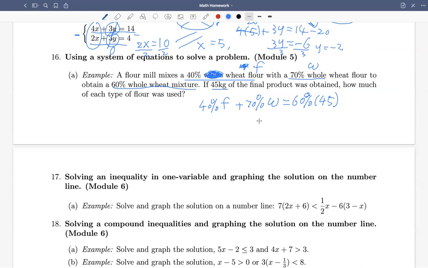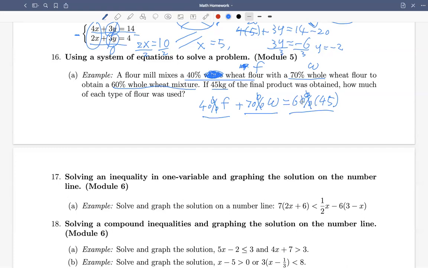All right, so now we have three terms here, right? We have 40% F, 70% W, 60% of 45. We see all those three terms divided by 100. So we just can multiply by 100 to cancel out this. So then we have 40F plus 70W equals 60 times 45.